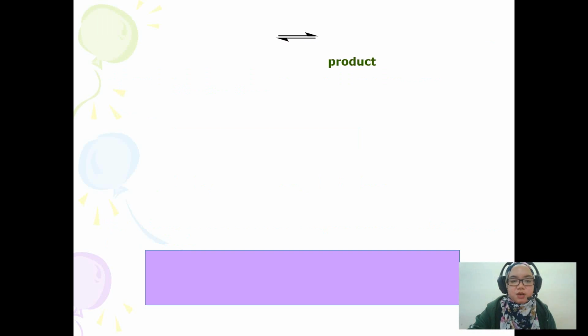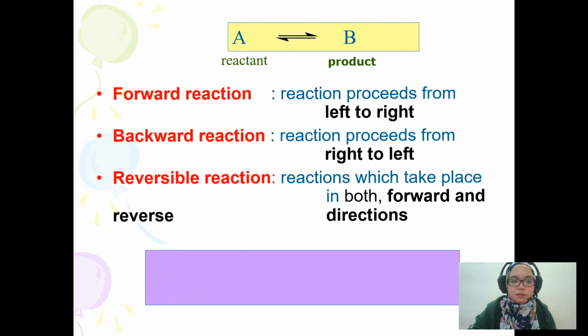Okay, so let's see the terms: forward reaction, backward reaction, and reversible reaction. So forward reaction is the reaction that proceeds from left to right, which means from reactant to product. Backward reaction is the reaction that proceeds from right to left, which means from product back into the reactant. So what is reversible reaction?